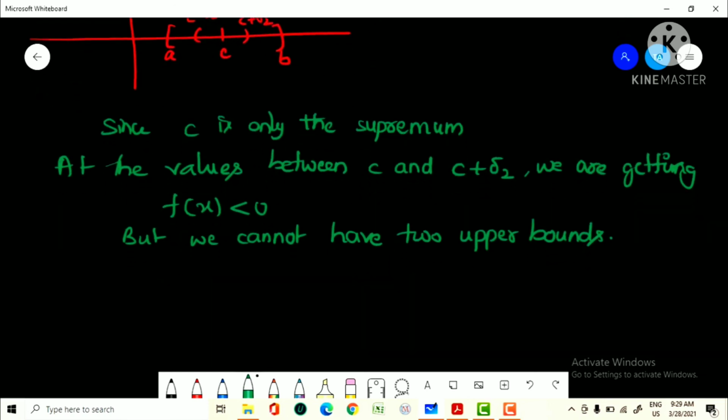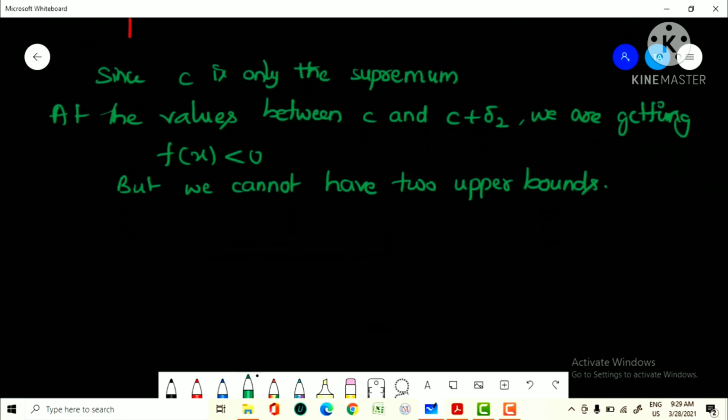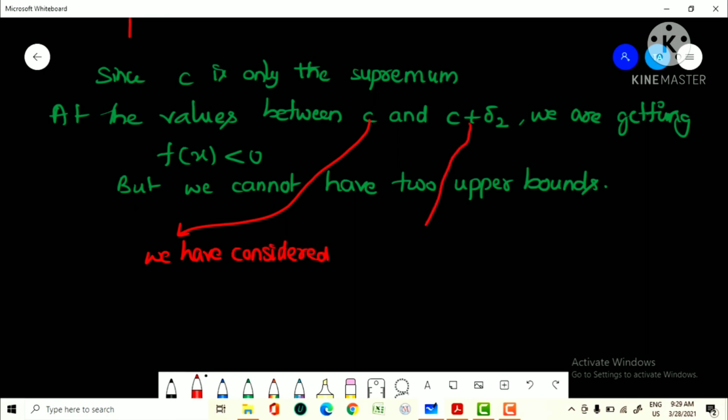Which two upper bounds are we getting? One is C, this we have considered, and C plus delta 2 we are getting. So these two together are not possible.